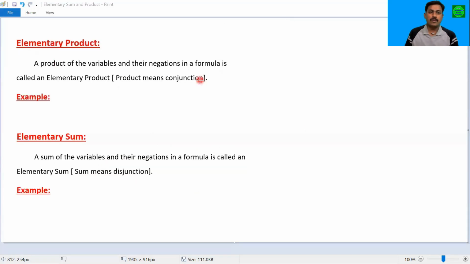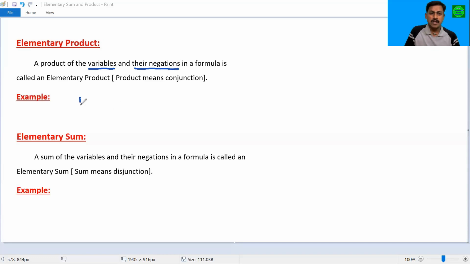First definition, elementary product. A product of the variables and their negations in a formula is called an elementary product. Product means conjunction. Here we are given variables and their negations.